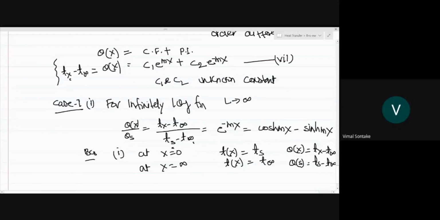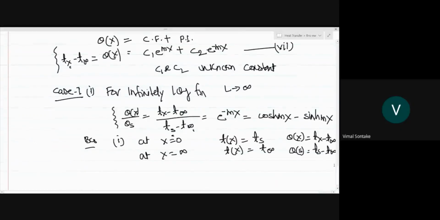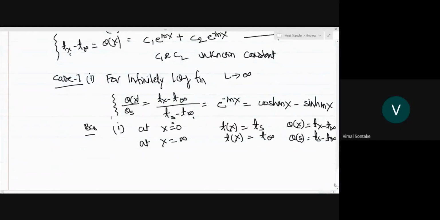I got this expression. So this was case 1, that is heat dissipation from a pin fin of infinitely long length. Now today we are going to discuss case number 2.